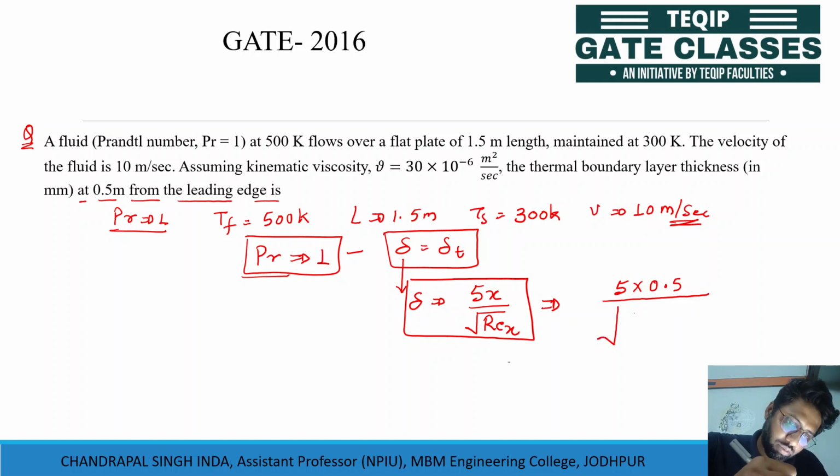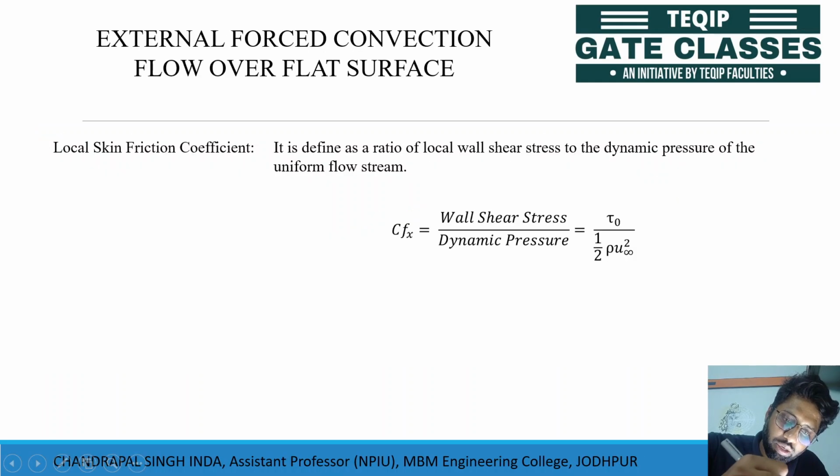Here the Reynolds number is equal to rho V x upon mu. This mu by rho will be nu, so we can write nu here.